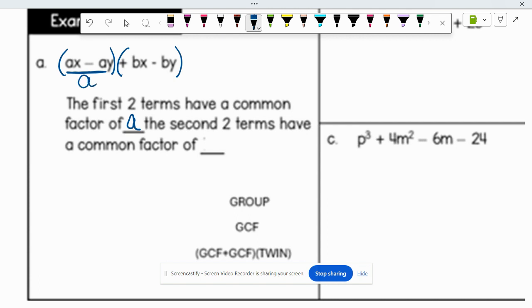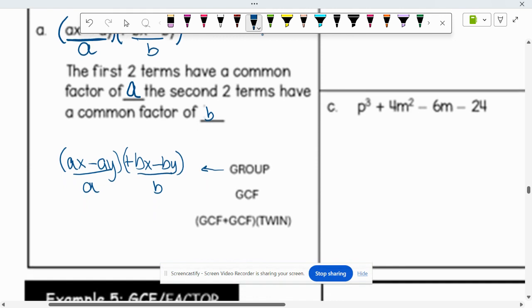My second 2 terms have a common factor of B. So I'm going to write that on the blank. And this first blank here just says group it, so I'll rewrite it just so I have my notes filled out. I'm just doing exactly what I did up top. Then I'm writing down my GCF. I'm taking out an A and I'm taking out a B.